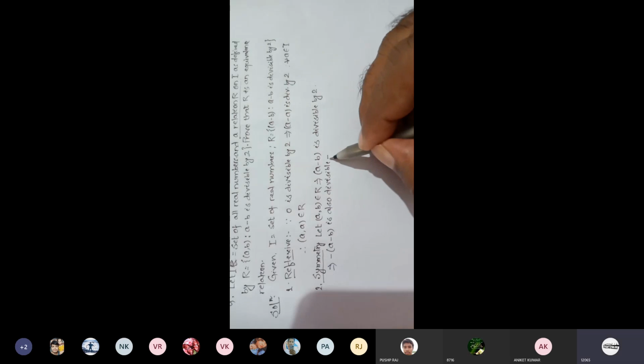Minus A minus B means B minus A is divisible by 2. So what we conclude? Since A minus B is divisible by 2, it implies B minus A is also divisible by 2.